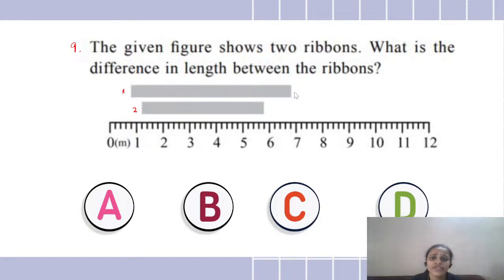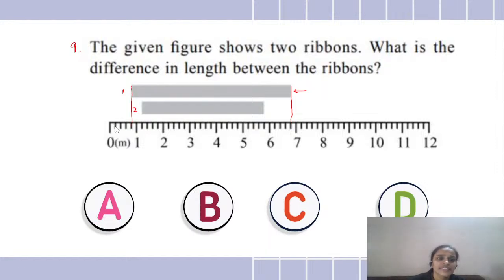Okay, let's find out the length of the first ribbon. So it starts where? Here. And it ends where? Here. Right? So what is the length over here? We start from 0.